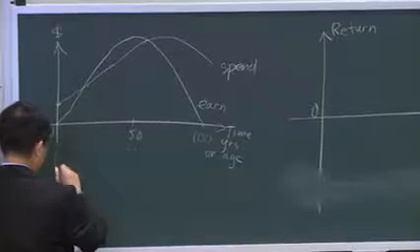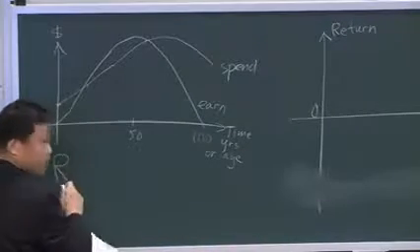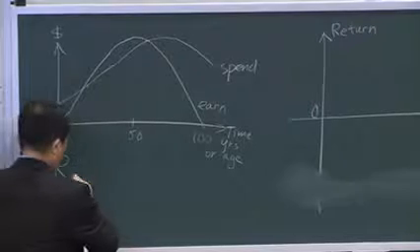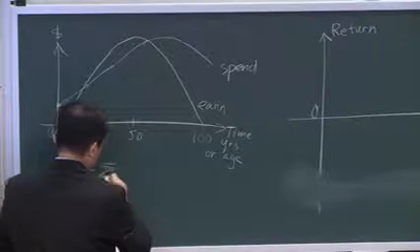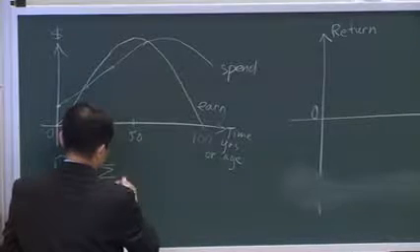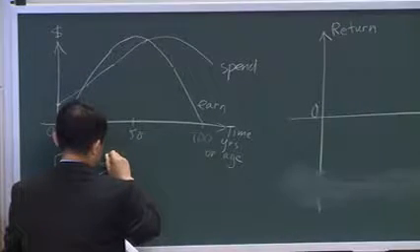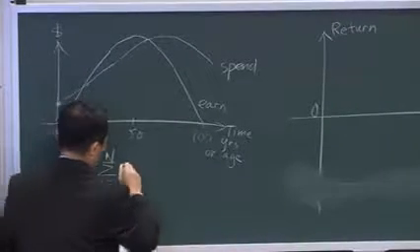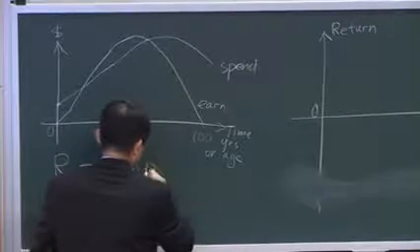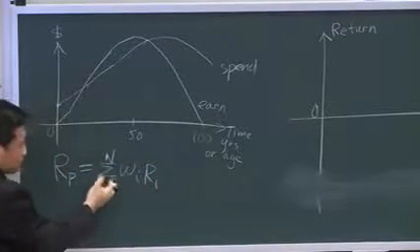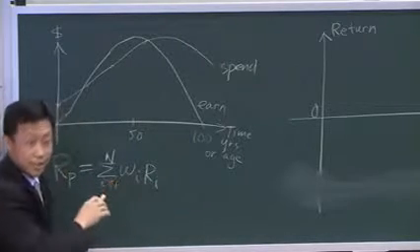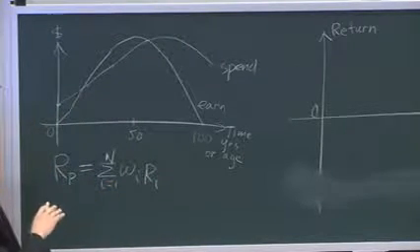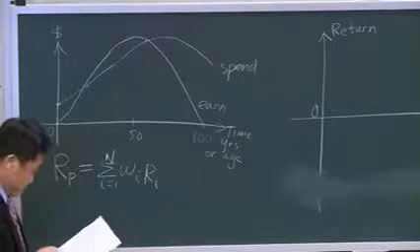Let's say you have a portfolio. Let's call the expected return of the portfolio R_p, equal to a weighted sum of all the expected returns of each asset. You basically linearly allocate them.